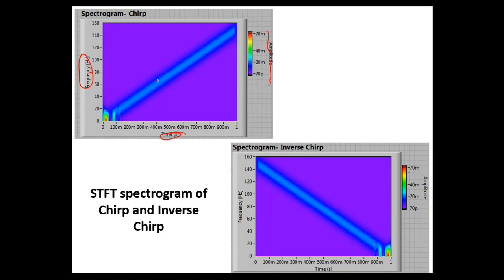So the red is having the highest amplitude, and as you go towards lower, you are getting lower and lower amplitude values. Okay. In this case, if you see the central part, it is having the highest value somewhere over here.